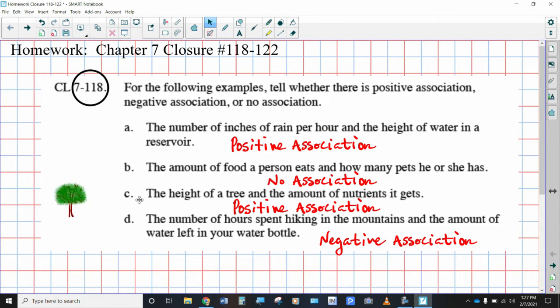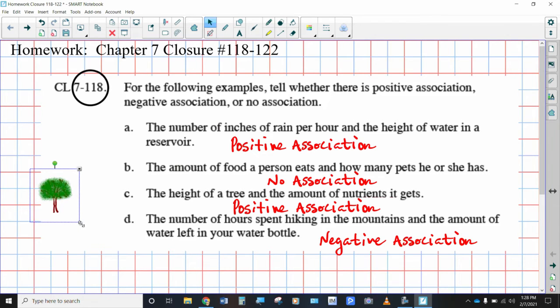So height of the tree, when a tree grows up, it also tends to grow out. And so right now, it's getting nutrients from its roots in the ground. It's also receiving nutrients from sunlight on the leaves, creating photosynthesis.